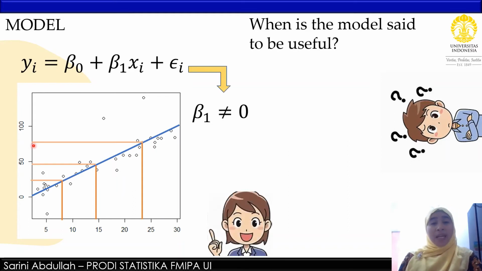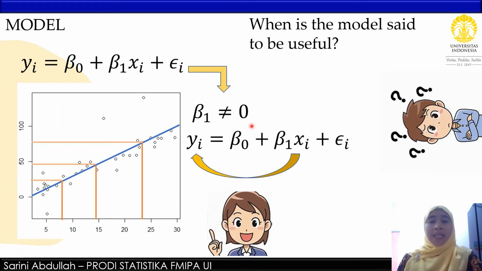So in this case, a different value of xi will give a different value of yi that is closer to the actual value of yi. This can happen because this is a straight line with beta 1 not equal to 0. In that case, we say that xi is contributing in explaining yi through this equation.